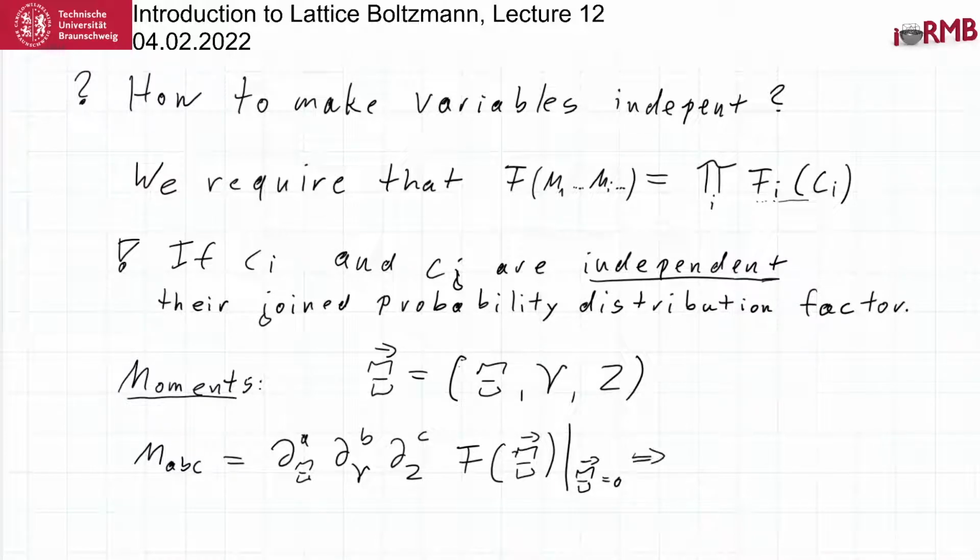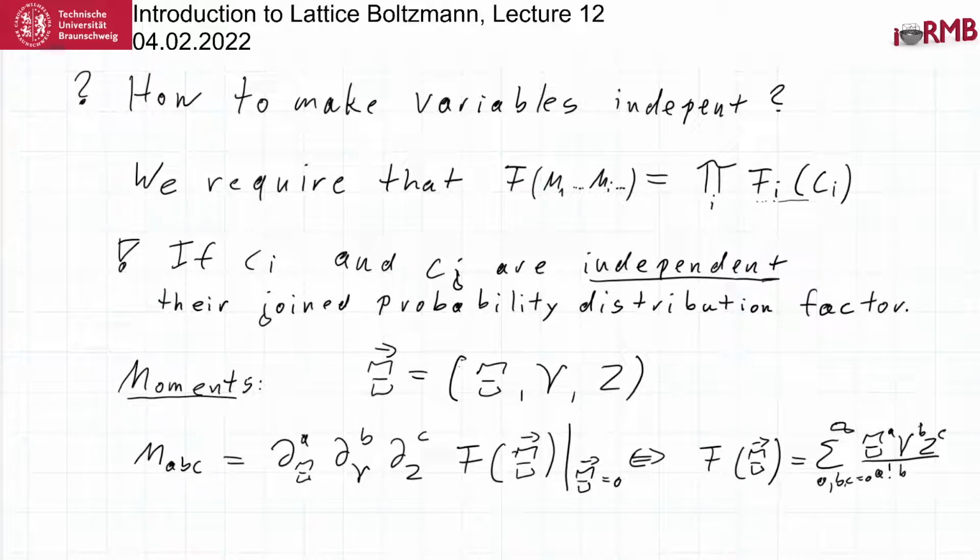Yeah, and this gives us the other way around, if you will, the sum over A, B, and C from 0 to infinity of Xi to the power of A, epsilon to the power of B, and zeta to the power of C, divided by A factorial, B factorial, C factorial, times M_ABC.